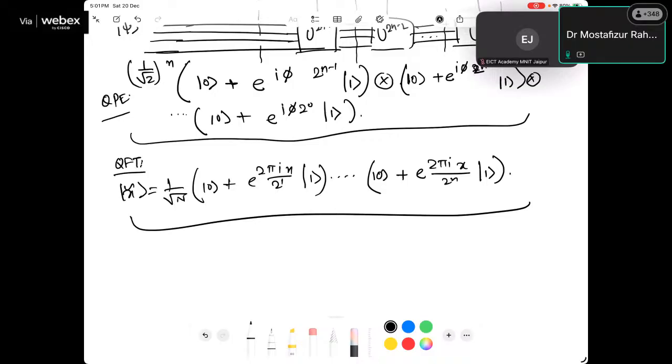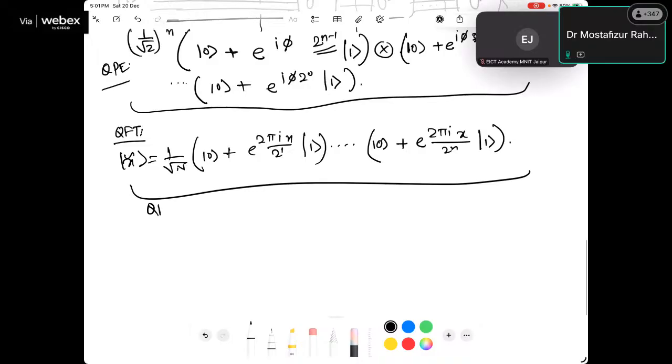But here I can see the power of 2 in the denominator of the fraction, and it is in the numerator in the other. So the QPE is similar to the QFT, except that this theta or phi in the QPE is actually phi in the Fourier transform, as x by 2 to the power n, into 2 pi.